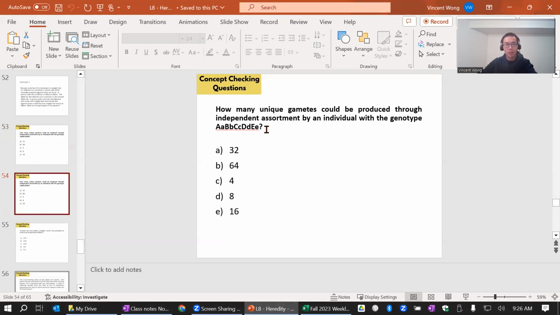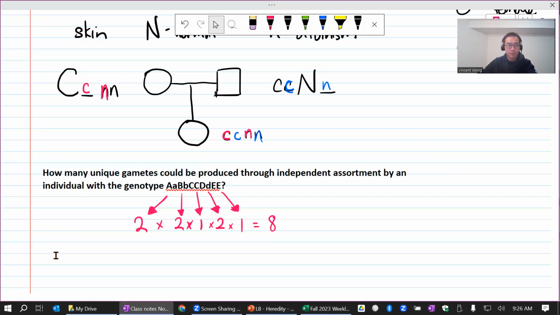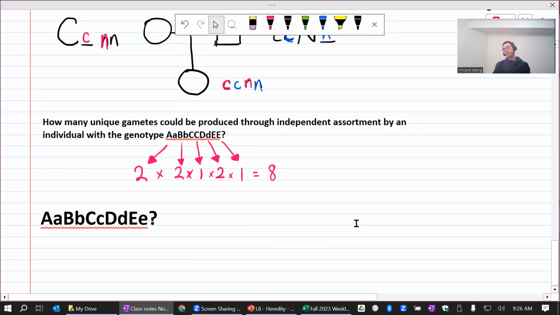Let's take a look at the next question. What about this one? How many different combinations? In this case, you multiply, you don't add, okay?